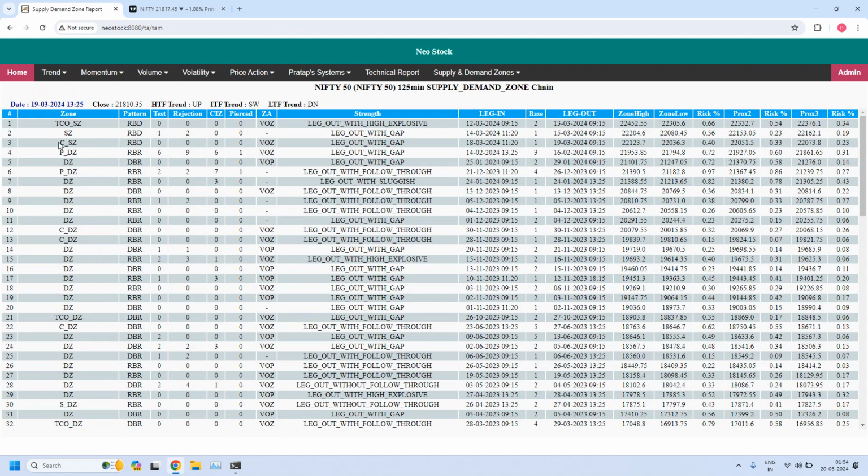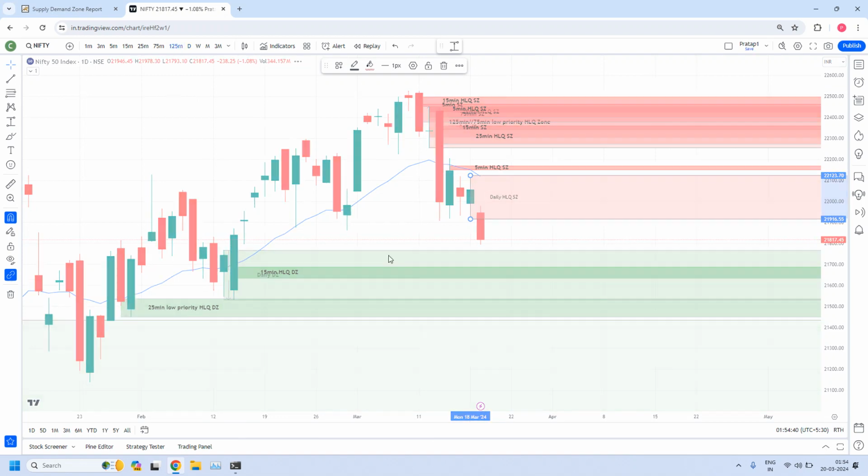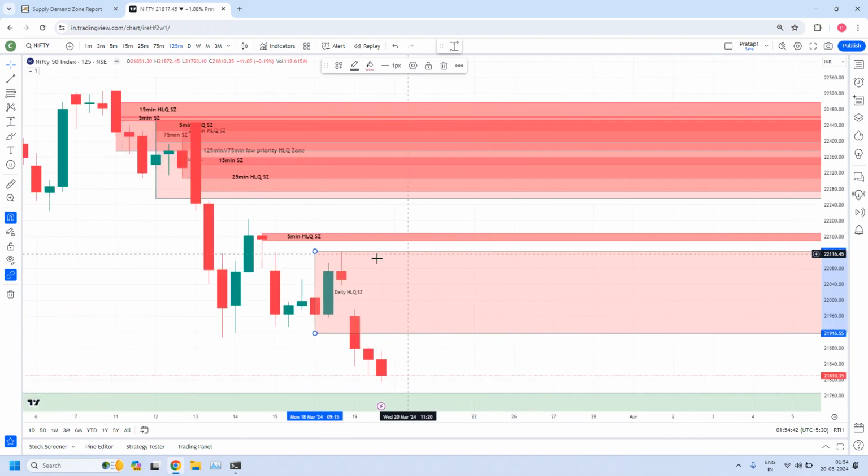Look into the recent zones. This is a high liquidity zone created today only, but it started on the 18th, the leg in on the 18th at 11:20, 125 minutes time frame. So this is the one. Moreover, with a pro gap this leg out is created today.